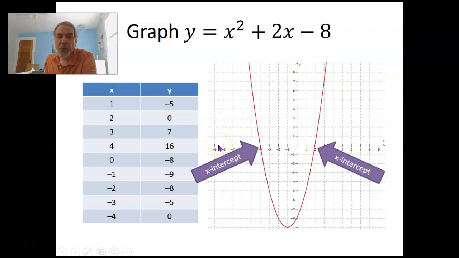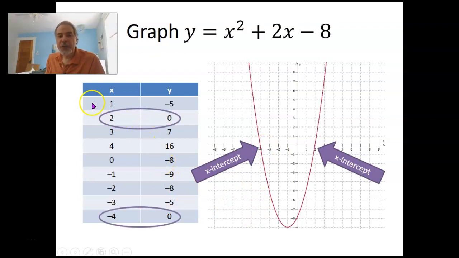We call those points x-intercepts. So this graph has an x-intercept here at the point (2, 0), and another one here at the point (-4, 0). You can see those on the list of (x, y) pairs, (2, 0) and (-4, 0), and you can recognize those as being x-intercepts because they have 0 for their y-coordinates.